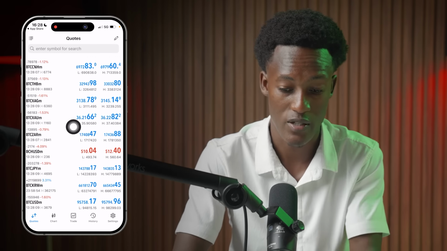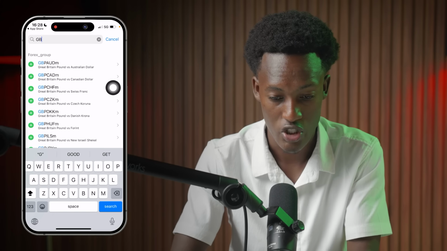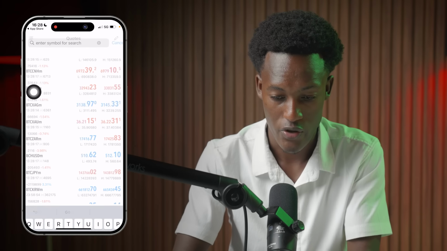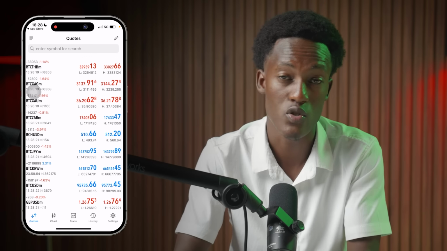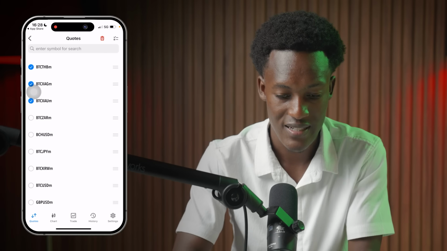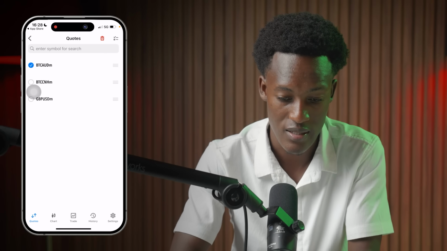You decide which pairs to add. So come over here and say search. Here you could see GBP USD, then click on add, and there you go. So that means we have now added GBP USD, the pound against the dollar. You could even go ahead and delete some of these, because personally I wouldn't even trade these.